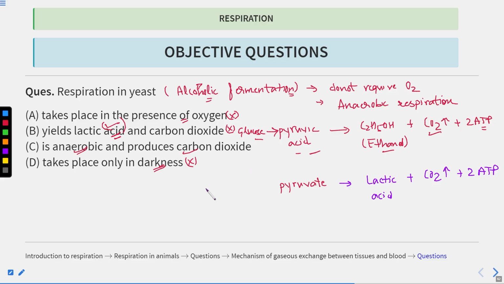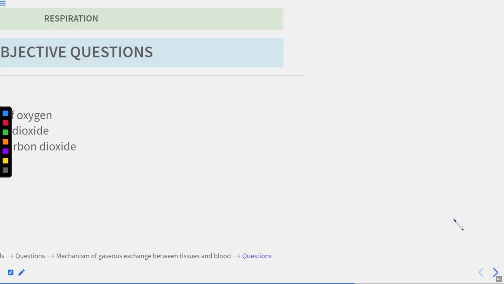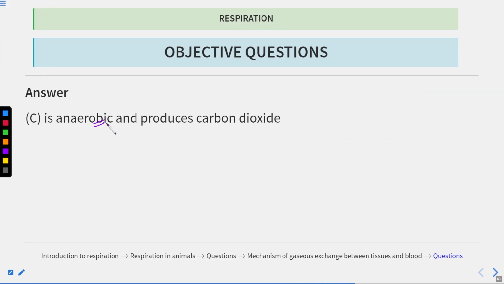So this is known as lactic acid fermentation. Here lactic acid is produced. Example can be lactic acid bacteria such as lactobacillus. And it can also take place in the muscle tissue during the vigorous exercise. So what should be the answer to this question? It is anaerobic and it produces carbon dioxide.